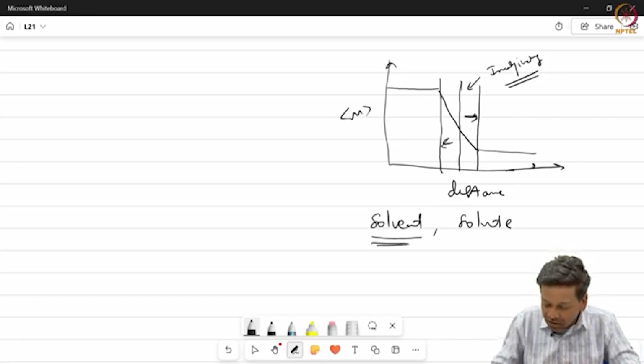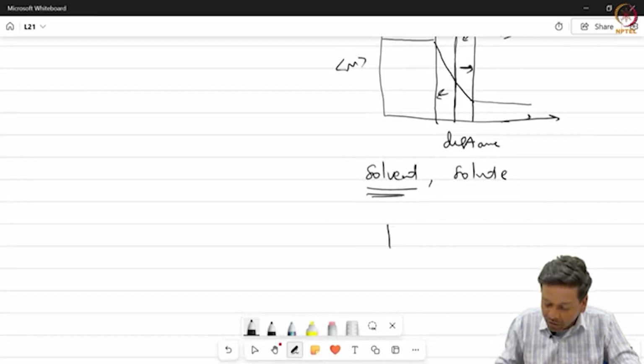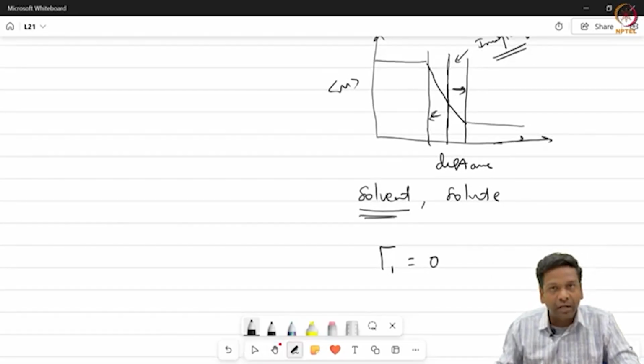In such a case, it is easy for us to locate the midpoint, so that there is no positive surface excess or negative surface excess. So there will be no net surface excess in that case. So one can say that the surface excess for solvent in that case is 0. So that is the idea of using the Gibbs dividing plane concept.